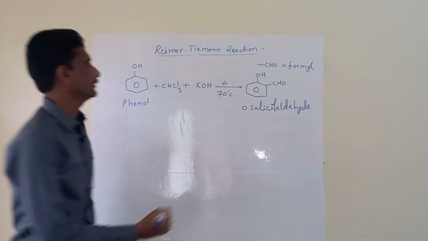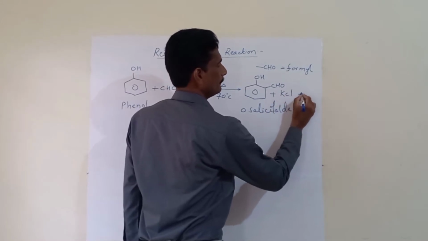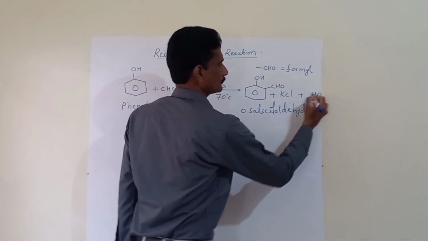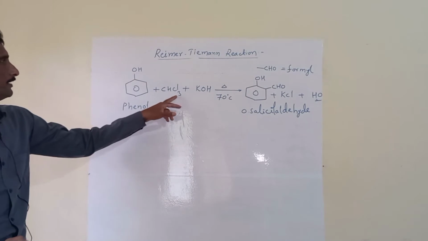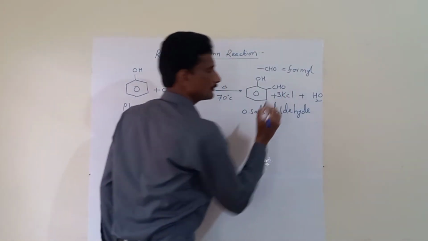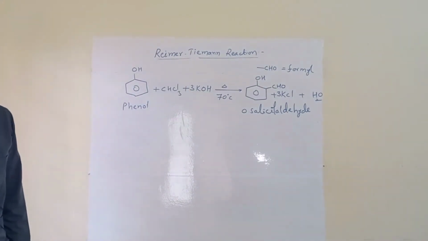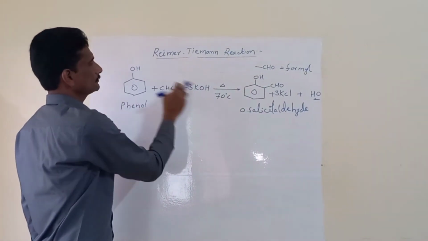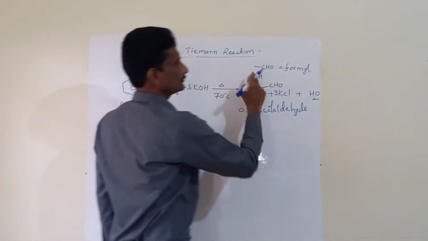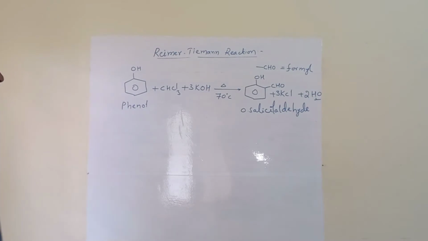The side products are KCl plus H2O. Observe here, we take chloroform with 3 Cls, and here 3 moles of KCl, 3 Ks, 3 KOH. Here the number of oxygens is 3, 4, 1, 2. The remaining is 2 moles of water.